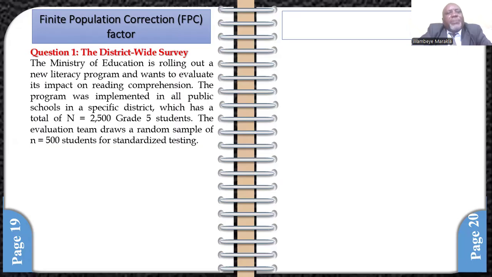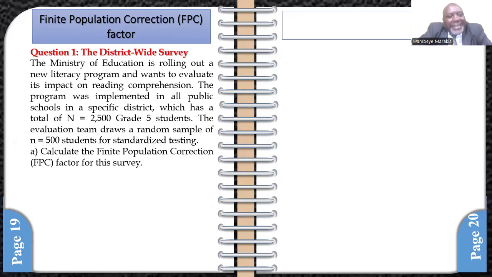The program was implemented in all public schools in a specific district, which has a total population of 2,500 grade 5 students. The evaluation team draws a random sample of 500 students for standardized testing.